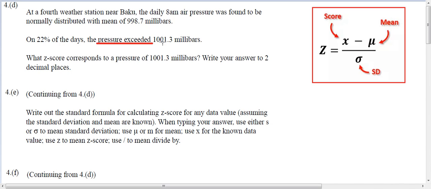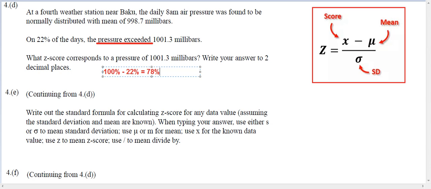Since it's exceeding, the first thing we have to do is take 100% and subtract this 22%, and I find that 78% of days will not exceed 1001.3 millibars. So the probability that we are working with is 78%, not 22%. Be aware of this, it is very common.